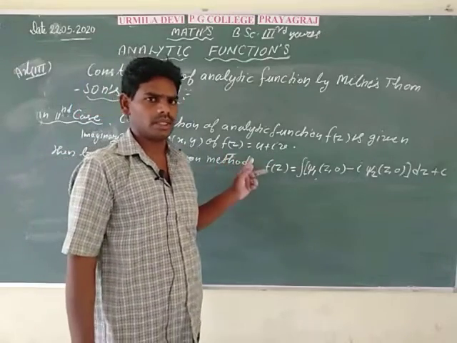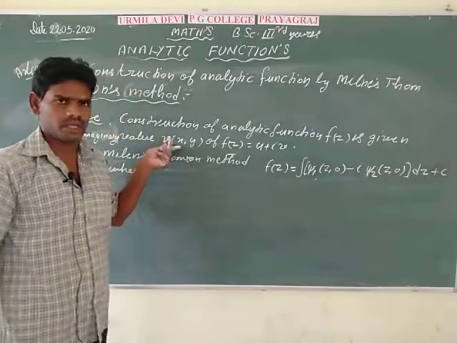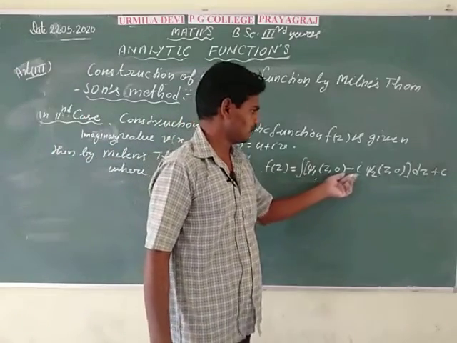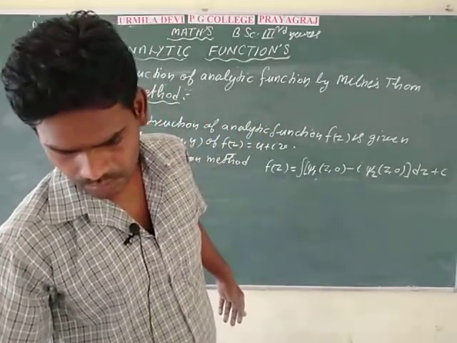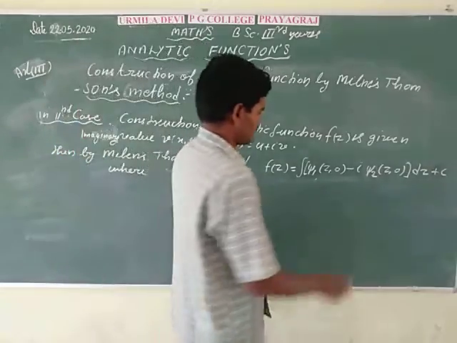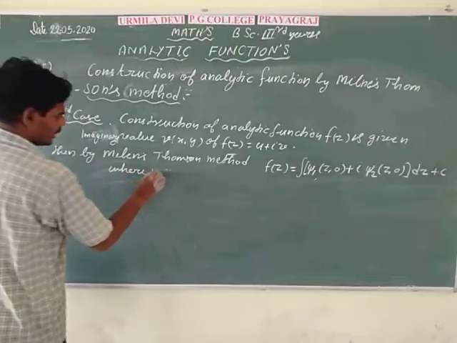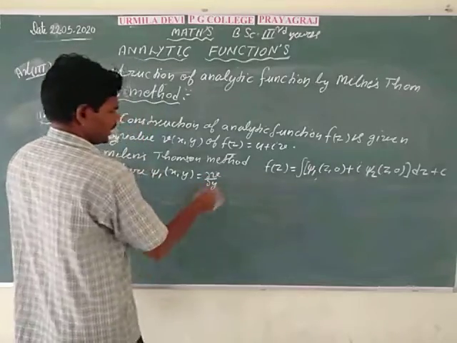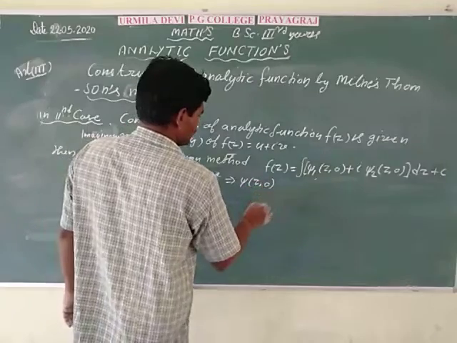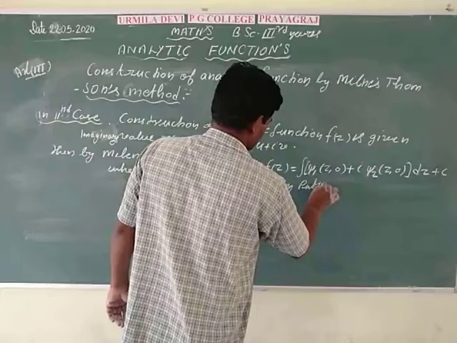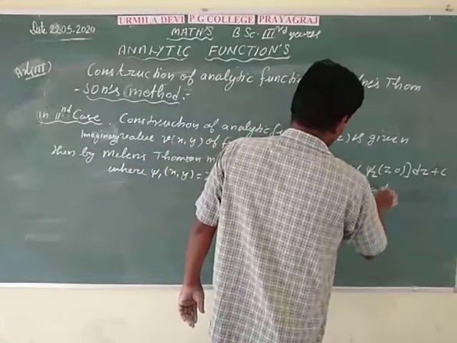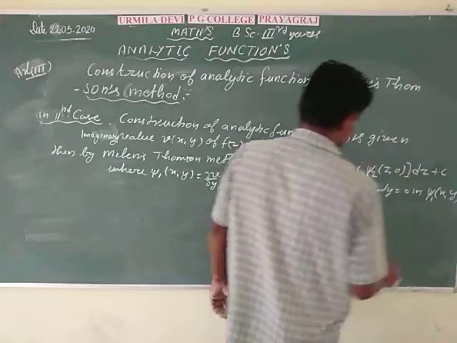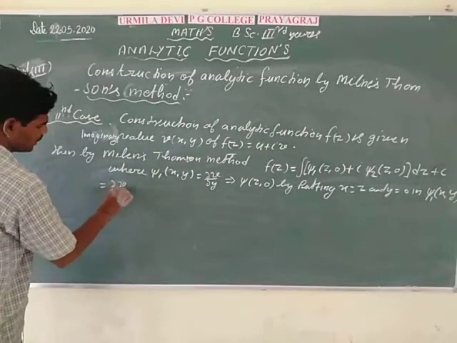In the second case, given that the imaginary value is denoted by small v, then by Milne-Thomson method the required function f(z) is equal to the integration of psi 1(z, 0) minus i times psi 2(z, 0) dz, plus a constant, where psi 1(x,y) is equal to del v by del y, and it implies psi 1(z, 0) by putting x equal to z and y equal to 0 in psi 1(x,y) equal to del v by del y.